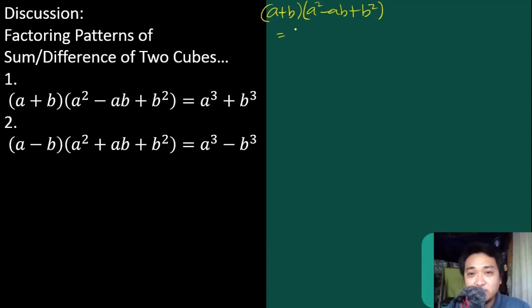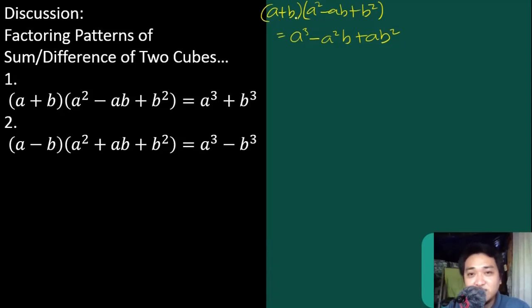The product will be A times A squared is A cubed. A times negative AB is negative A squared B. A times B squared, that will be positive AB squared.